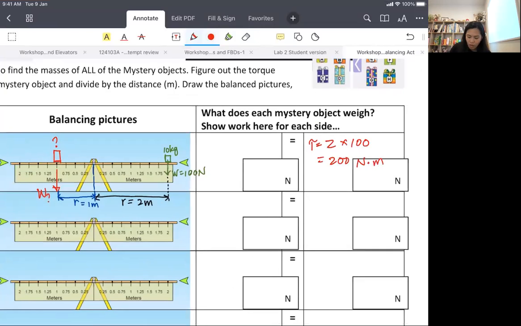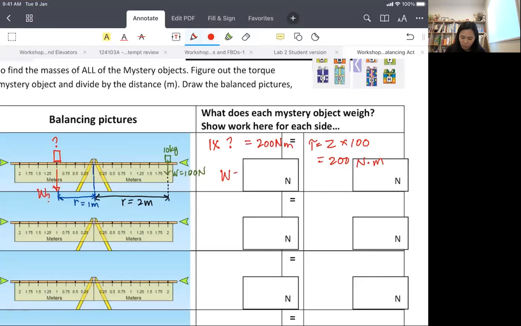Right, and the torque on the left is the lever arm 1 meter times the mystery weight, okay? And they should be equal. Right? Okay, 1 meter times the unknown should be equal to 200 Newton meter, because the torque on the right should be equal to the torque on the left.